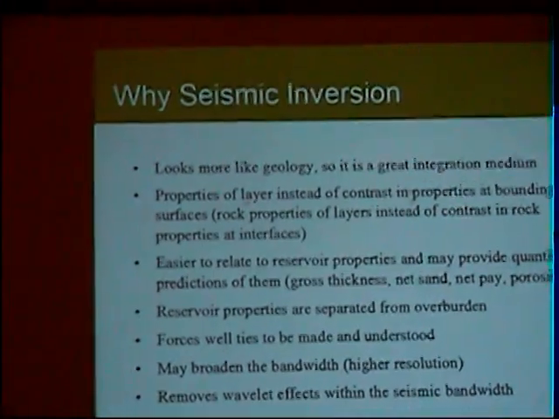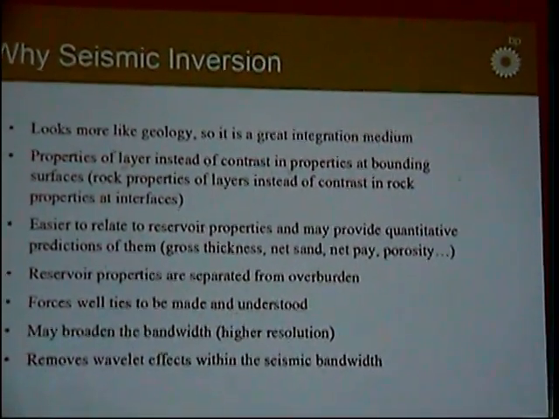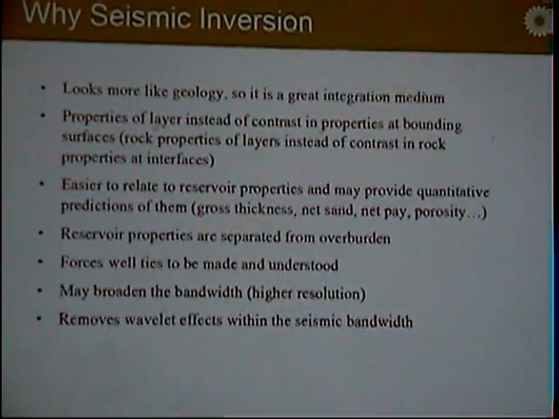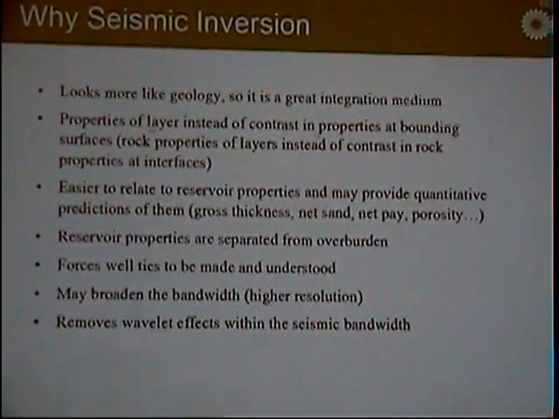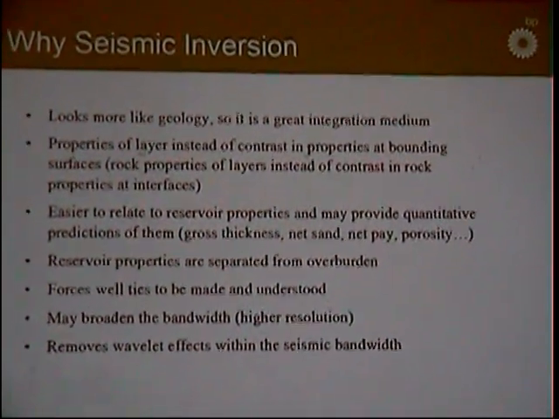Another thing, in the method of doing the inversion, if you do have well data, even if it's offset well data, even outside of your three-dimensional volume, it's important to understand what those well ties are telling you. So it forces you to make those well ties.